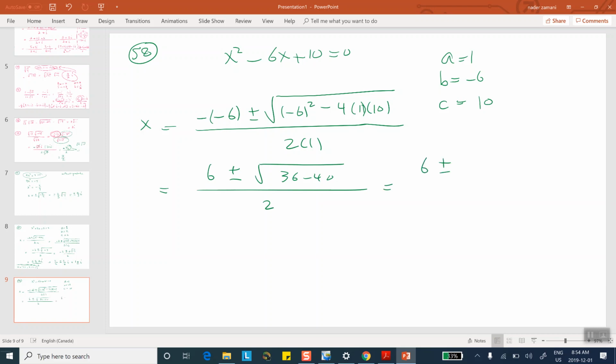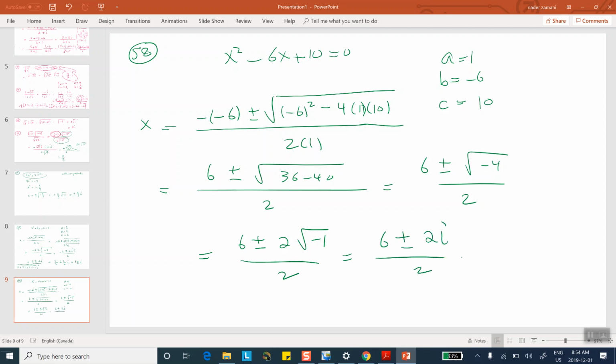This is 6 plus or minus square root of minus 4 over 2. This is 6 plus or minus 2 square root of minus 1, right? Over 2. 6 plus or minus 2i over 2. And this means 3 plus or minus i. 6 over 2 and 2 over 2, right? So one complex solution is 3 plus i. The other complex solution is 3 minus i.